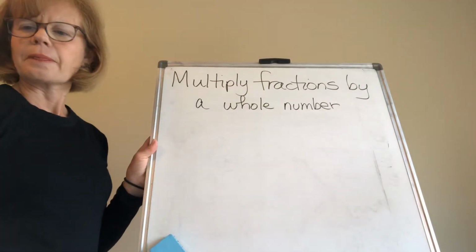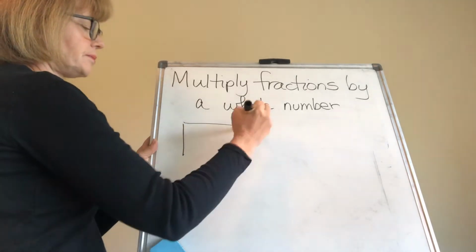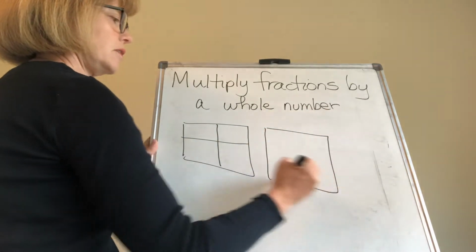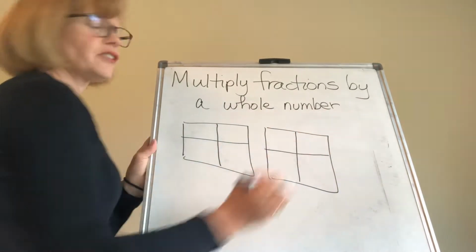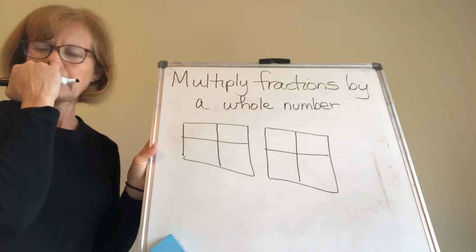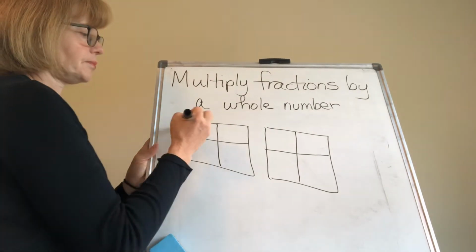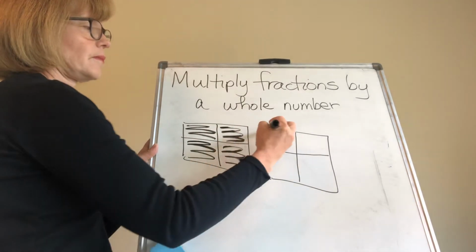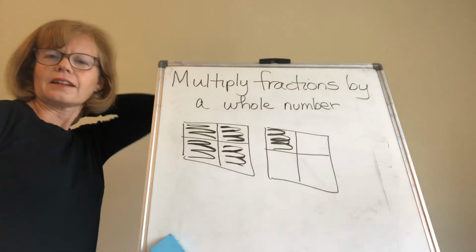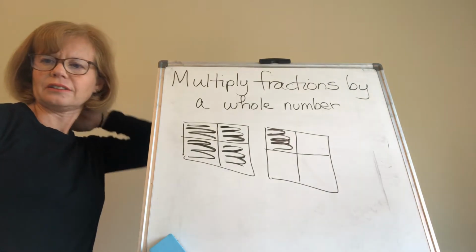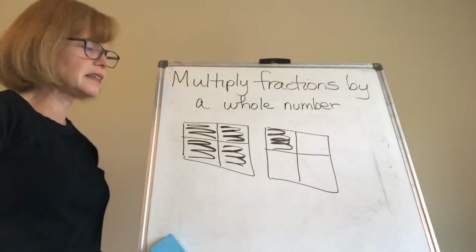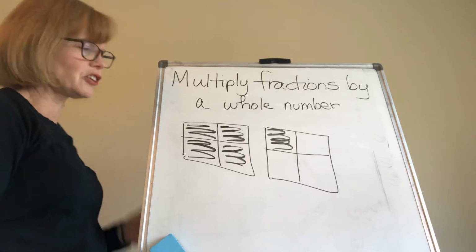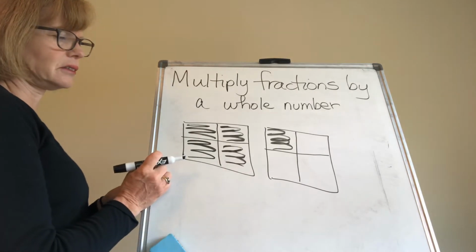All right, let's try another one. Here I have 2 shapes, and they're each divided into 4 equal parts. I've drawn you a model. Do you think you could write a multiplication equation to show this model?